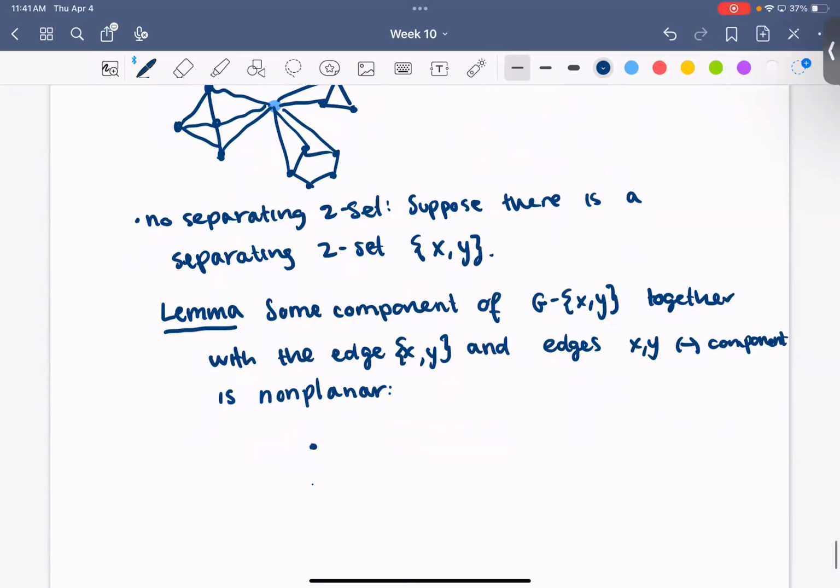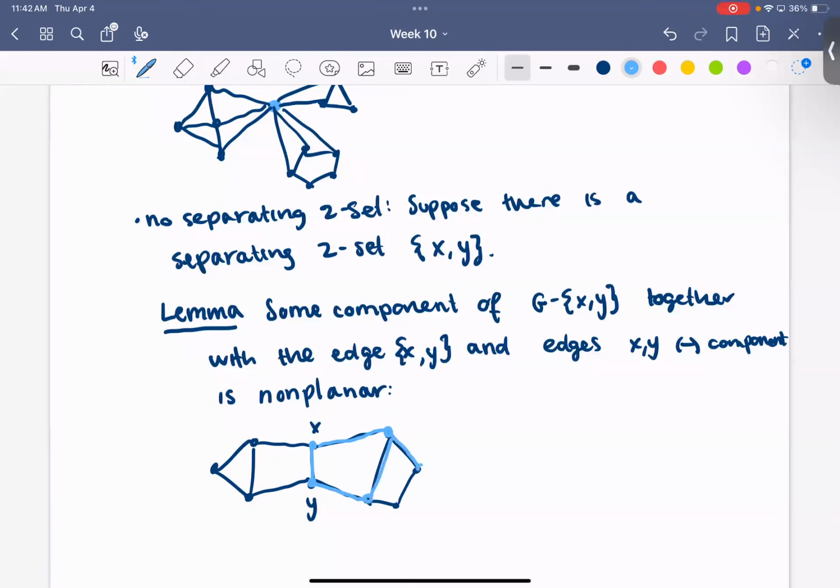Okay, so here's my separating set XY, and then I have some component over here, some component over here. So the graph under consideration is this subgraph.